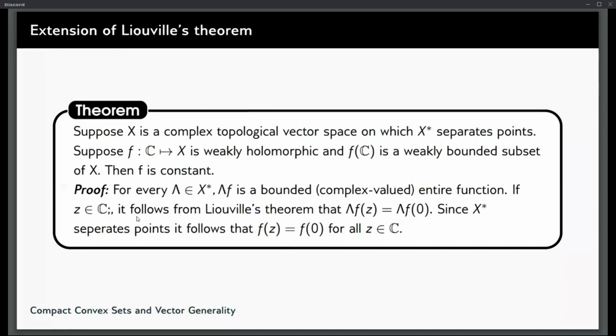It follows from Liouville's theorem. So we are back now in our usual setting. It follows from Liouville's theorem that lambda f of z is equal to lambda f of 0. And again, because X star separates points, which is something that we have used multiple times now, f of z is going to be f of 0 for every z in C.